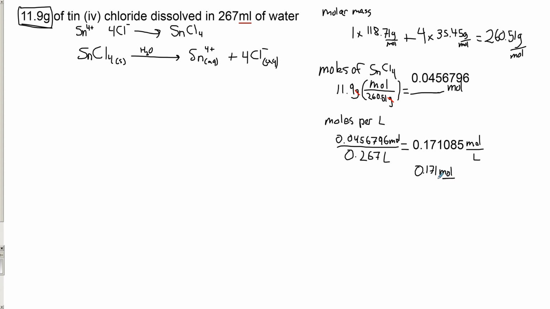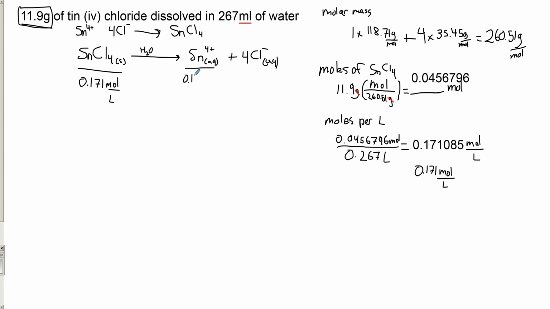I know the concentration here, 0.171 moles per liter. My tin ion, Sn4+ aqueous, has the same concentration. Why? Because there's a 1 in front of here and there's a 1 in front of here. So that means that this has the same exact concentration as the concentration of the compound.